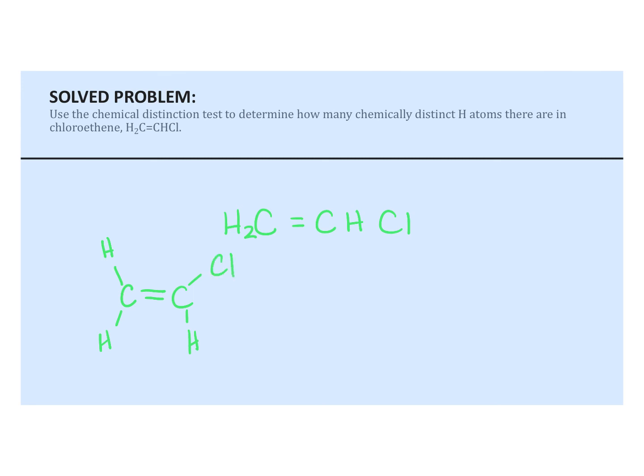right? And so when you look at this, there is a different distance between this hydrogen and that chlorine than this hydrogen and that chlorine. So then we can say, look, these two are in different chemical environments.